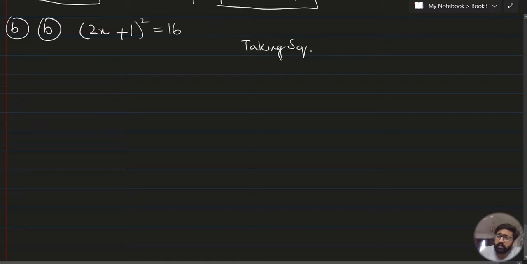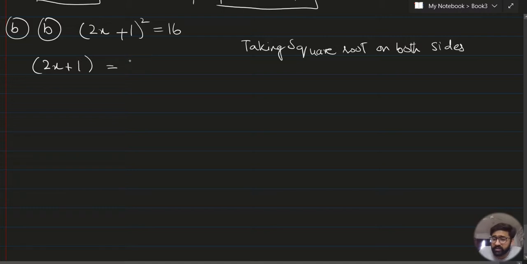Taking square root on both sides. So if I take square root of this side, the square will finish, and I'm going to get x plus 2x plus 1 is equal to, and if I take the square root of 16, I'm going to get two possible values.